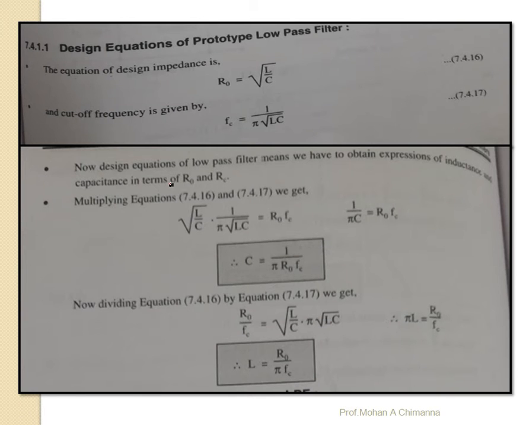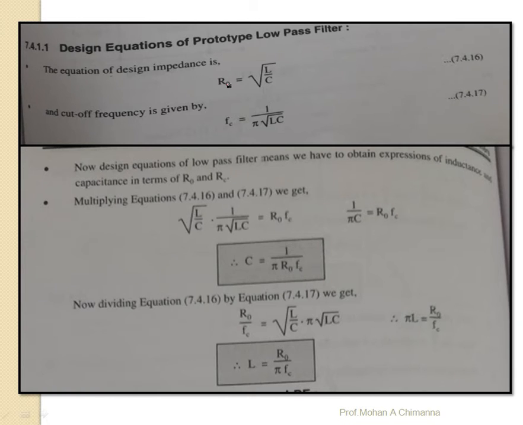Then some design equations of the prototype low pass filter. The basic equation is the design impedance, which is a standard R0. From this point onwards we have to design the low pass filter.